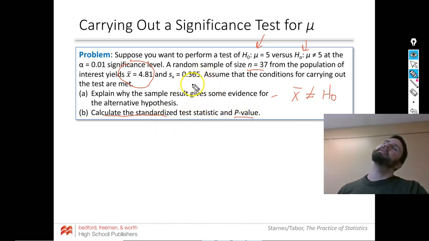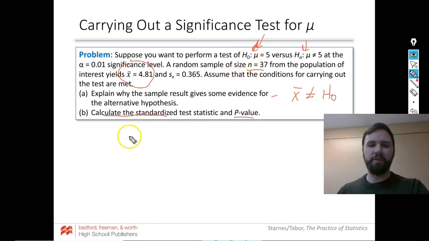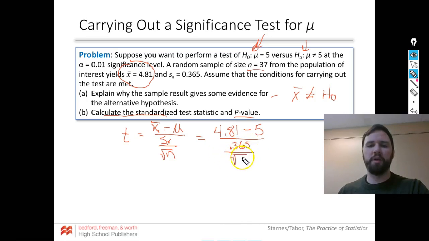State is up here. Our plan is told right there. It works. Let's find our stuff. To find our t, we're going to do x bar minus mu over s of x over square root of n. So my x bar was 4.81 minus 5, over 0.365 over square root of 37. When I do that, let's see what I get.